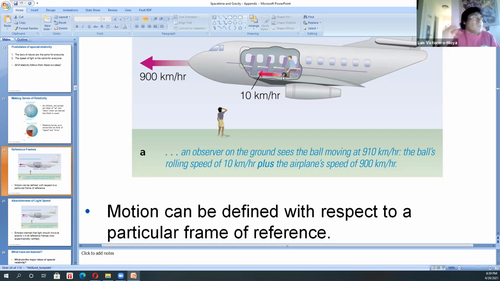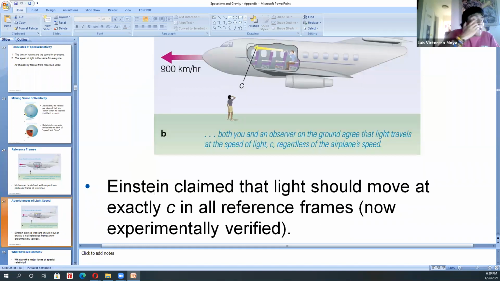You can walk in the airplane, in fact, right? But for a person that is outside, it will seem like you are moving really fast. That is the whole idea of a frame of reference. All right. So everything can be measured by a reference frame.